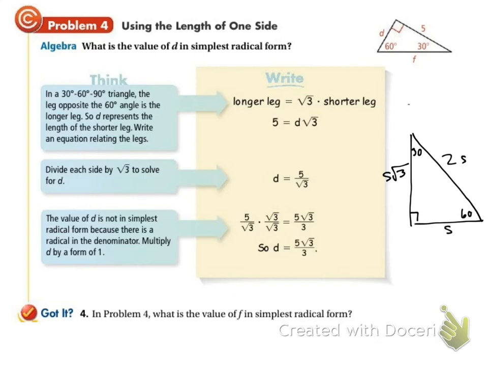So we need to start matching up with sides. What side does 5 match up with? Well, 5 has the right angle and the 30 degree angle next to it. So here's our right angle and our 30 degrees, so it matches up with s root 3. So 5 is equal to s root 3.